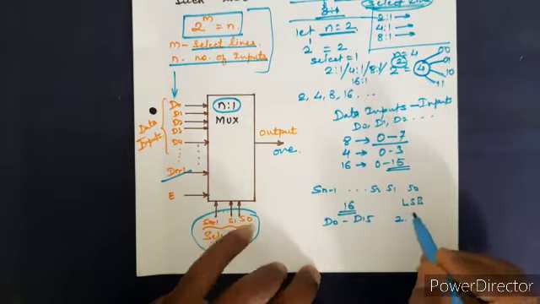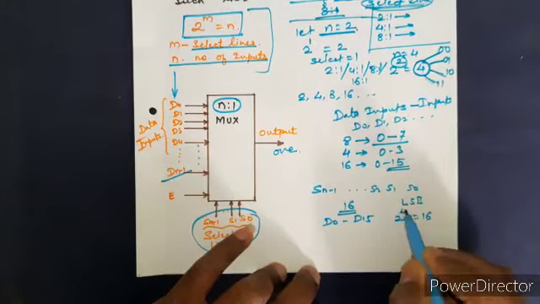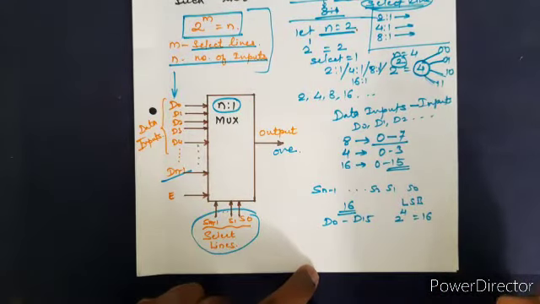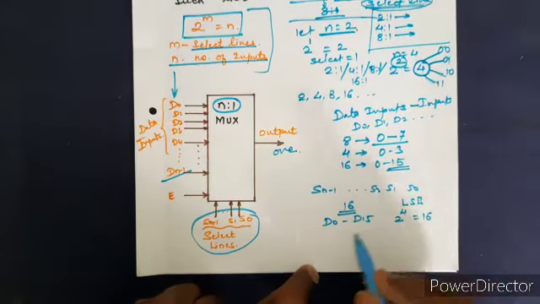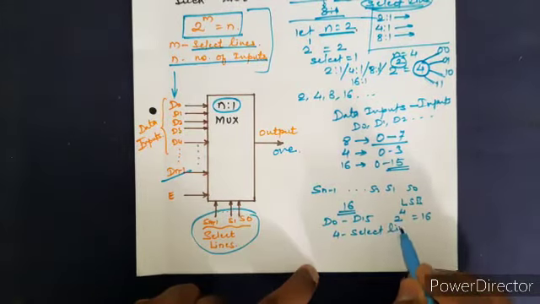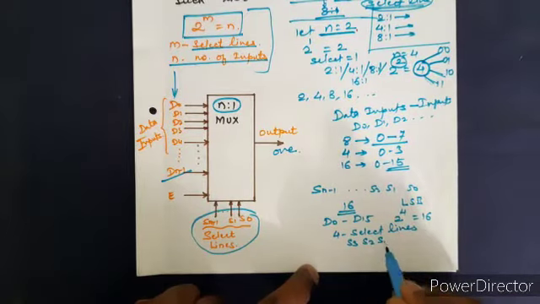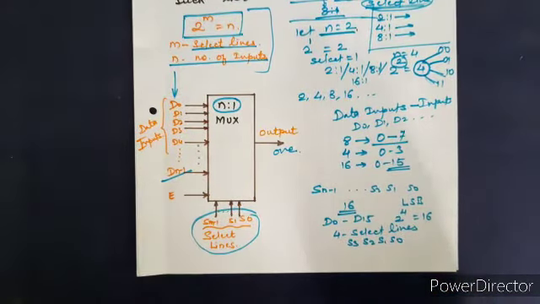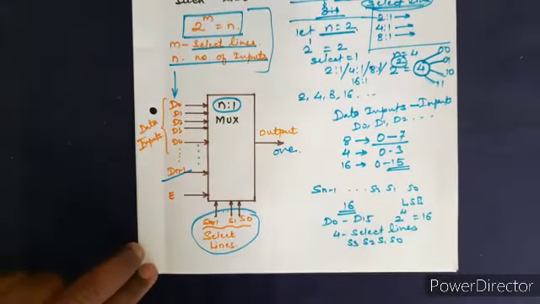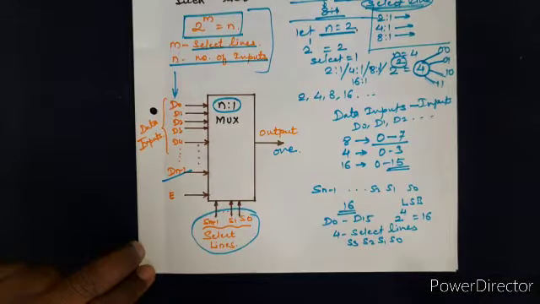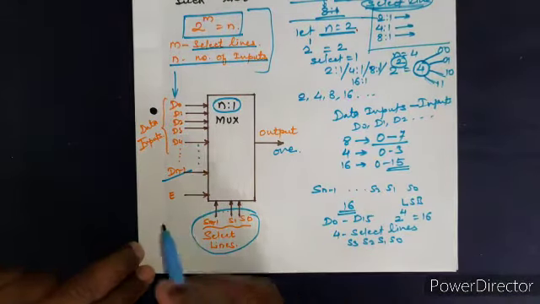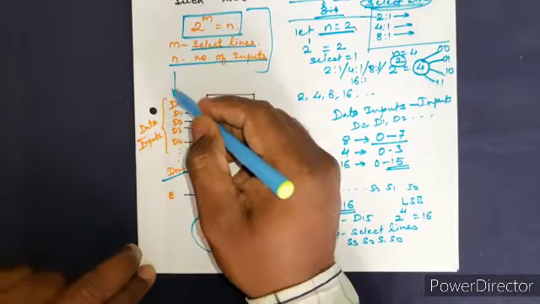And 2 raised to 4 is 16, so I need to have 4 select lines. That becomes S3, S2, S1, S0. So these are 4 select lines, and these are the data inputs.